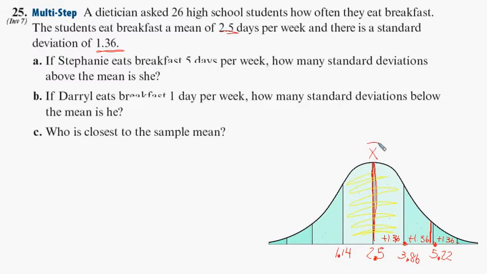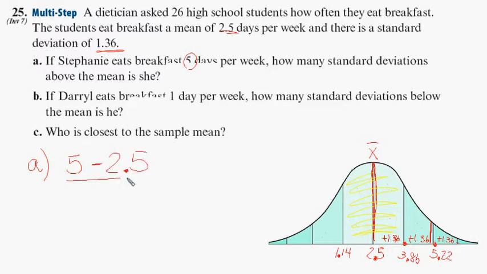But how can we find out exactly how many standard deviations above the mean she is? Well, it's just some math actually. And if you'll let me show you those steps, I think you'll find that they aren't as confusing as it looks initially. All right, so she eats breakfast 5 days per week. So 5 minus how far away she is from the mean, which is 2.5, right?